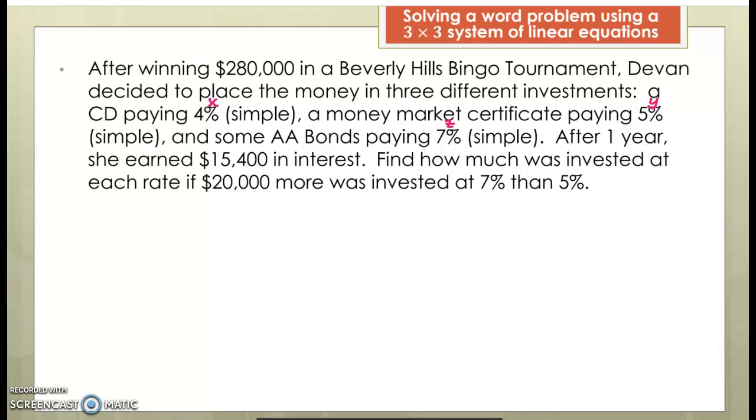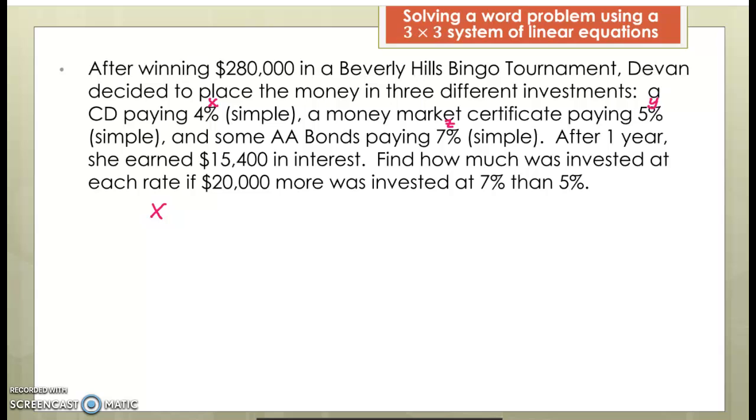After 1 year, she earned $15,400 in interest. Find how much was invested at each rate if $20,000 more was invested at 7% than 5%. So let's start at one place. We are placing this entire $280,000 into 3 accounts.